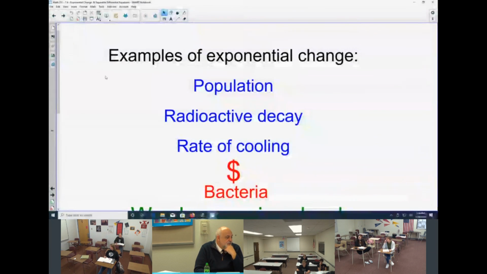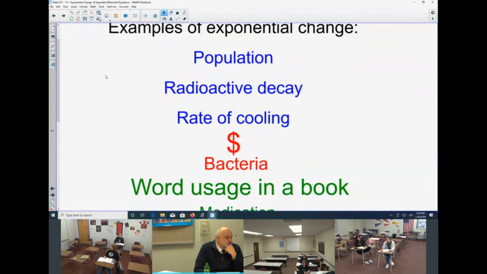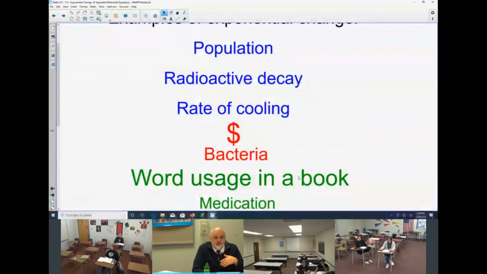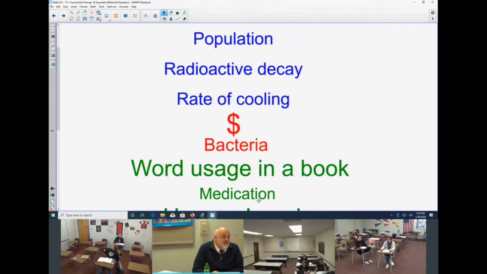Okay, a couple of students said that they saw something that talked about word usage in a book, that some authors, as they continue on, will use the same words over and over again. I thought that was an interesting idea, that their use of certain words is exponential. Medication.